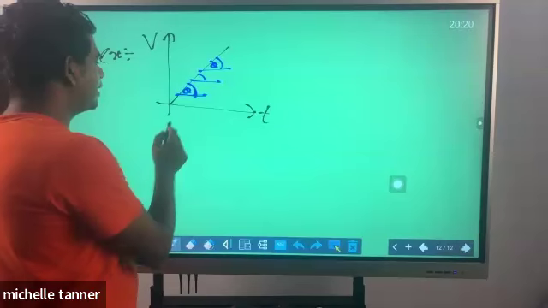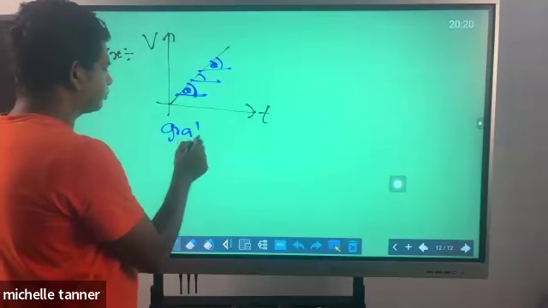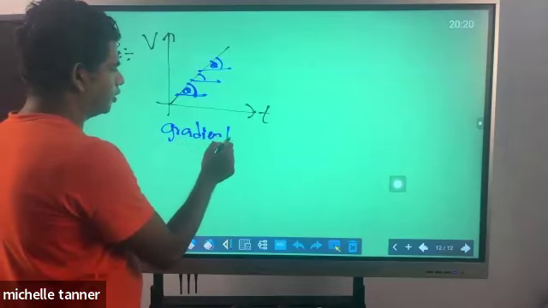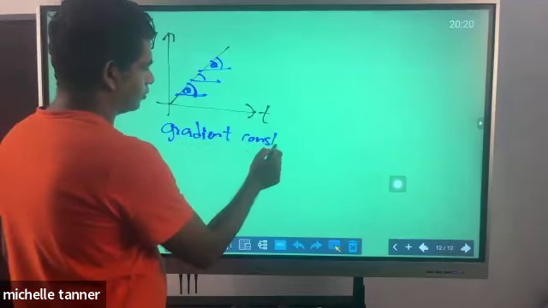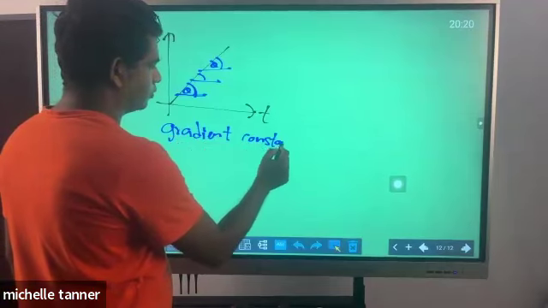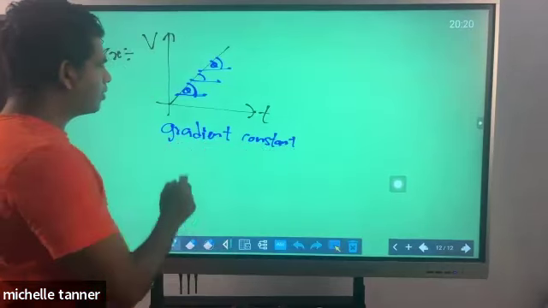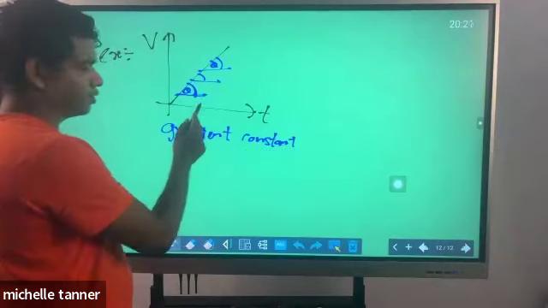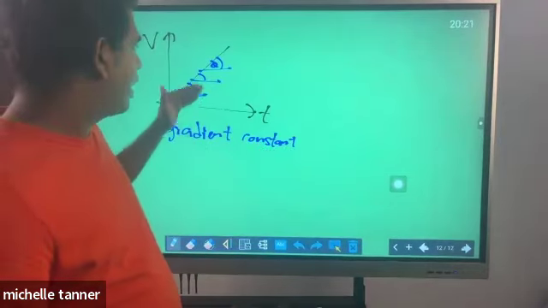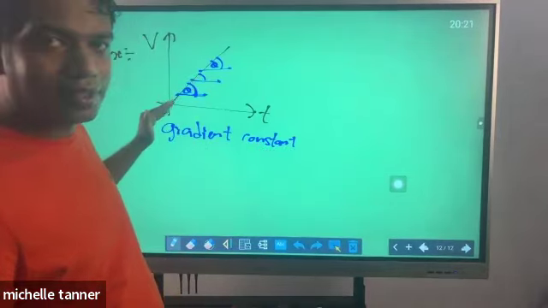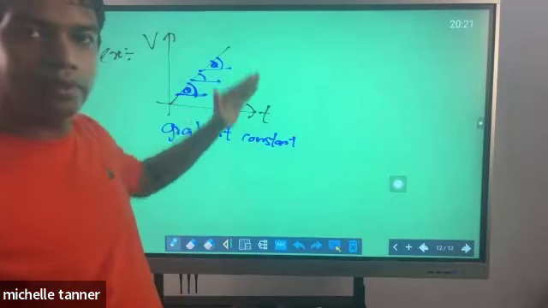Yes, sir. Right. Then the gradient is constant. The gradient equals acceleration. Therefore, the acceleration is constant.